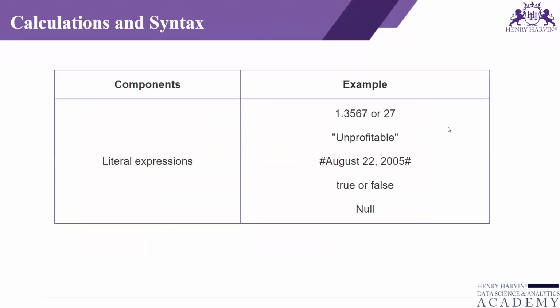Now, then there is something called literal expressions. Literal expressions are basically constant values, such as 1.3567 or 27. Here is a little bit of background on why they are called literals.